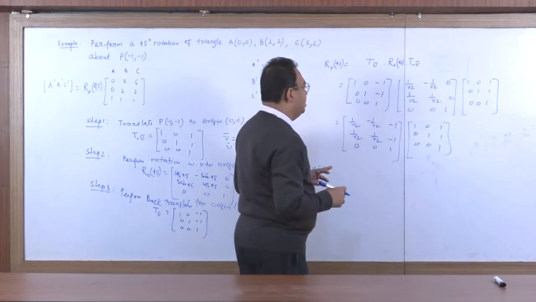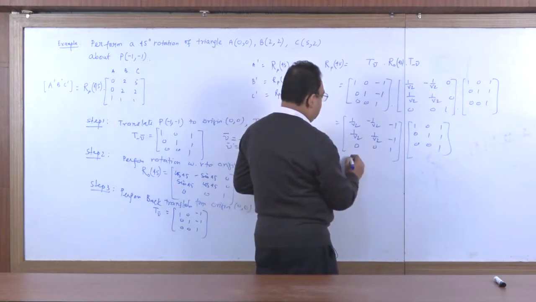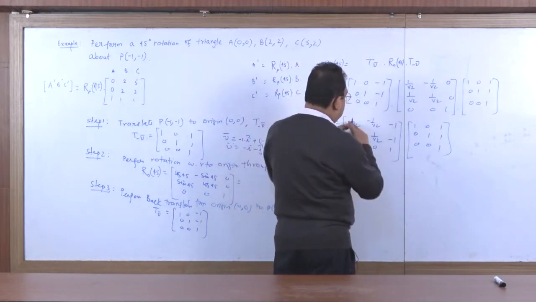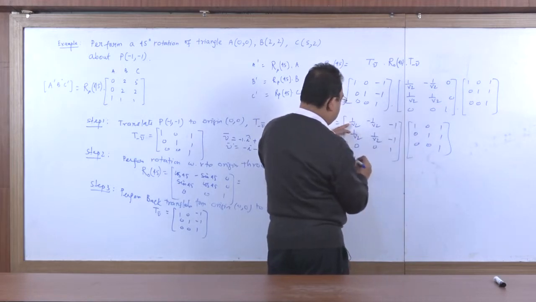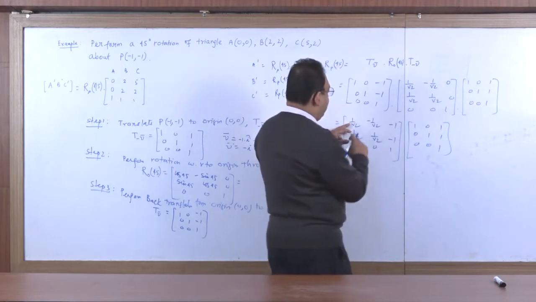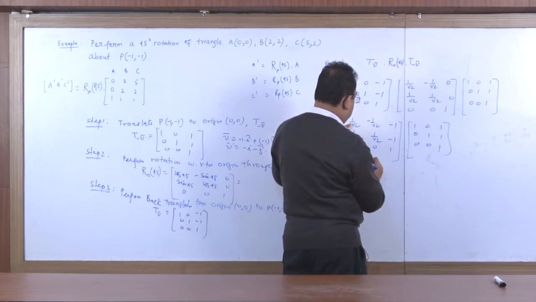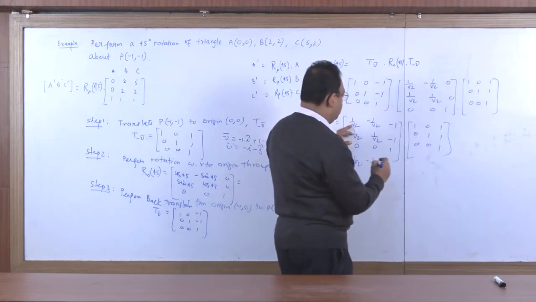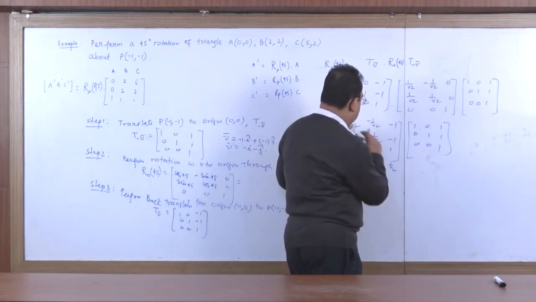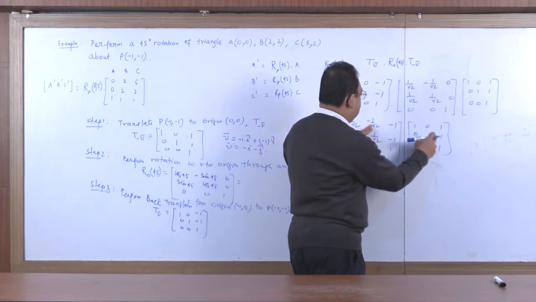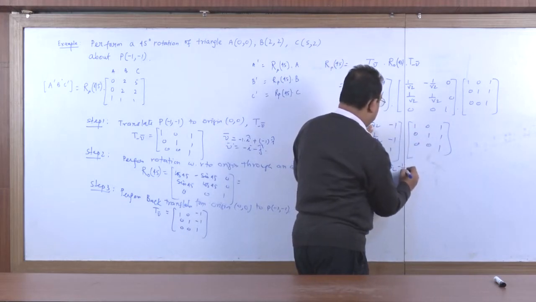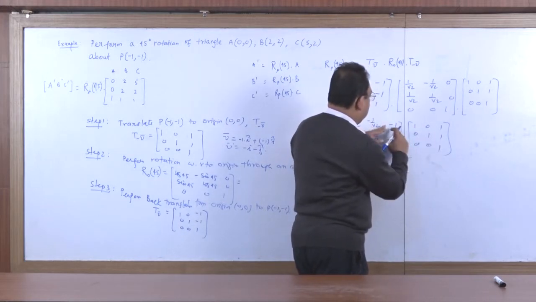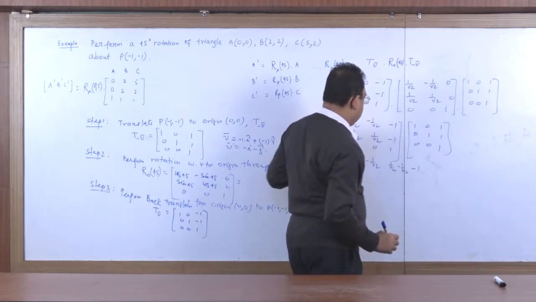With that we are now multiplying these 2. So, this result value will be this into this. So, this is 1 by root 2, then this into this is minus 1 by root 2. Then this into this. So, this is 1 by root 2, this into this plus this into this, that is minus 1 by root 2, this into this plus this into this, that is minus 1.